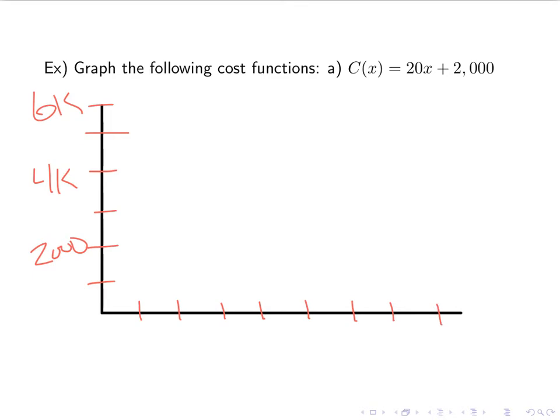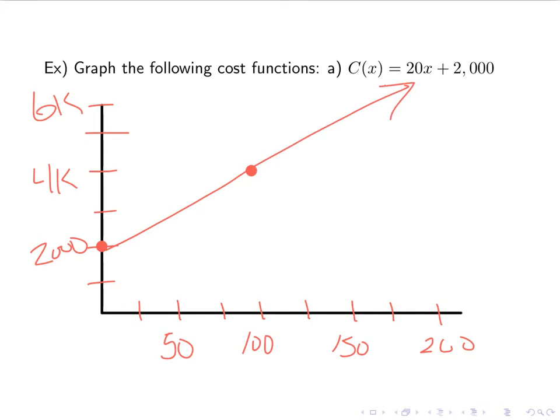So I'm going to go by 25s. And I'm only going to label every other one because I don't have a lot of room. So when I plot my 2 points, I have the following: 0, 2,000, 100, 4,000. So that when I connect them, I have something that's going to cover a good amount of my graph. Okay, you always want to make sure your picture looks nice.